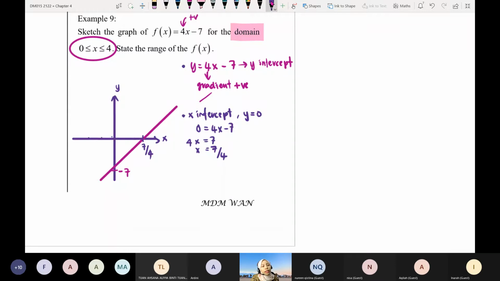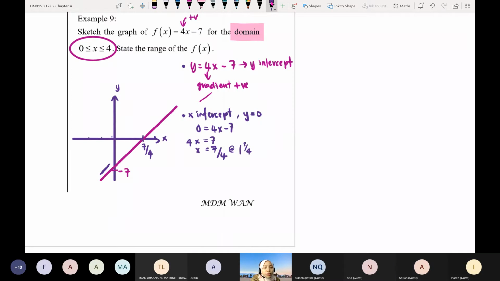Okay. Alright. So, what I drew now is without the restriction, from negative infinity up to infinity. Now it asks for 0 to 4. So, this part must be erased. Okay, 0 to 4. So, 7 over 4 is about what? It's about 1 and 3 over 4, right? Right.